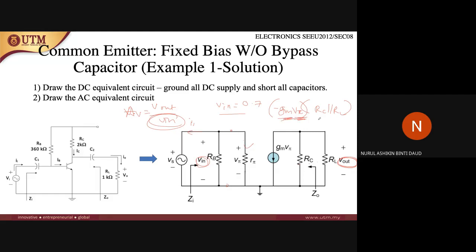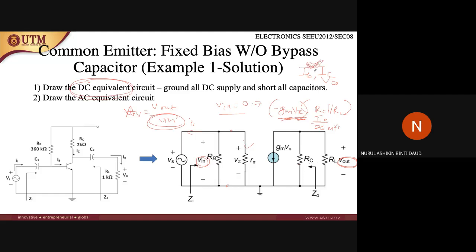Based on the equation just now, GM is IC over 26 milliamperes. So for this, first of all, you need to draw the DC equivalent circuit and get the value of IB, the value of IC, and the value of VCE. I think the most important value of currents is IB.